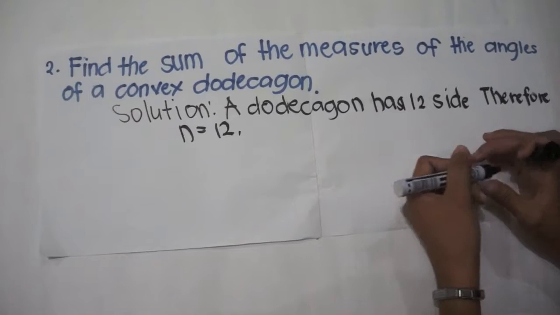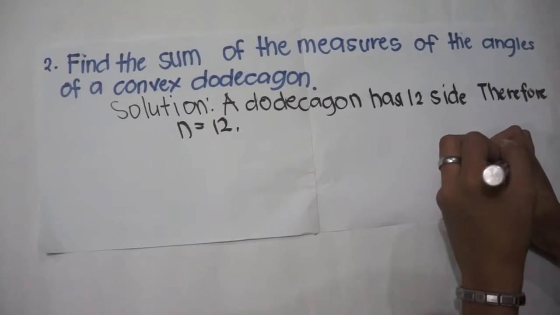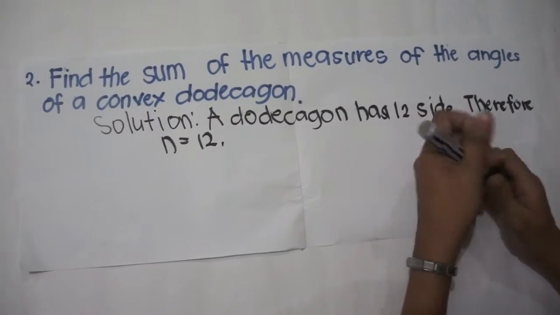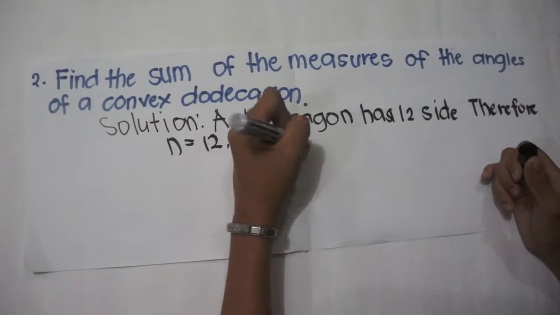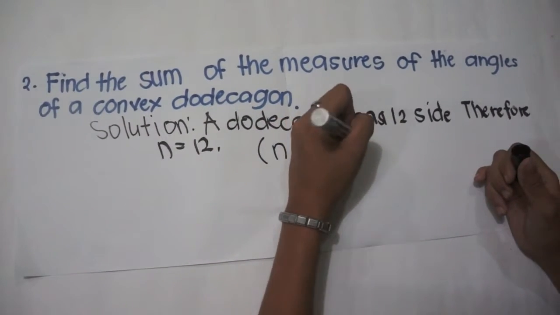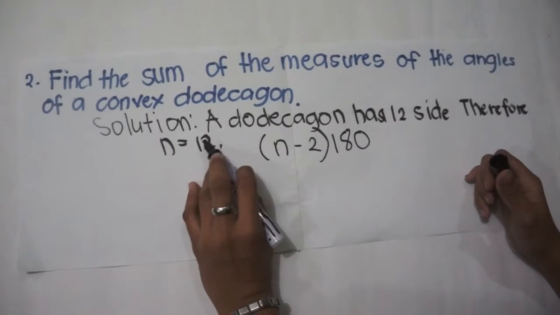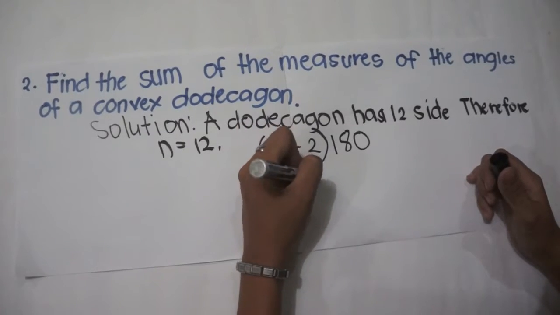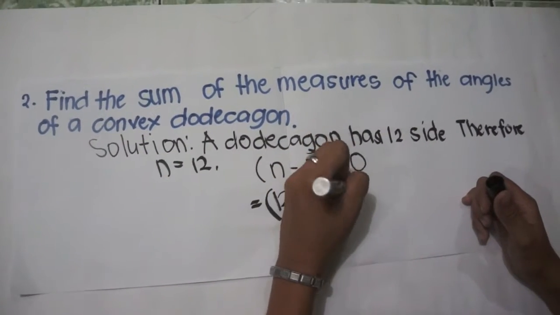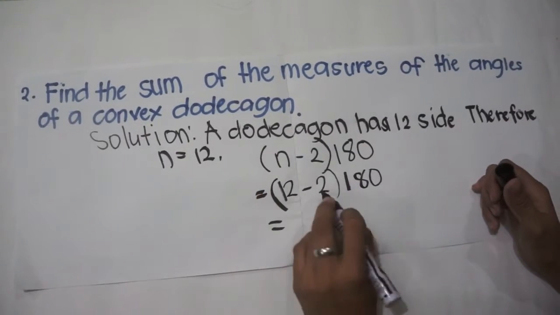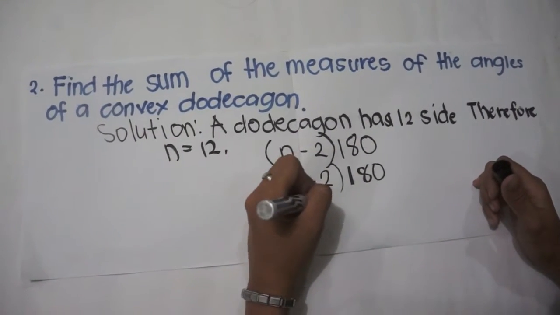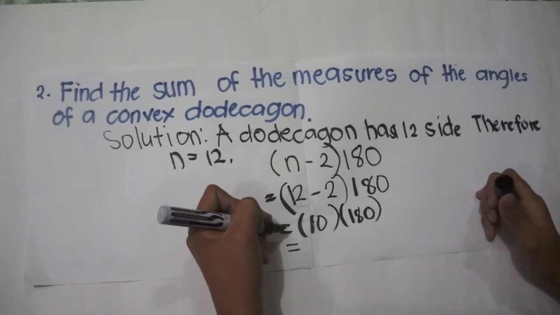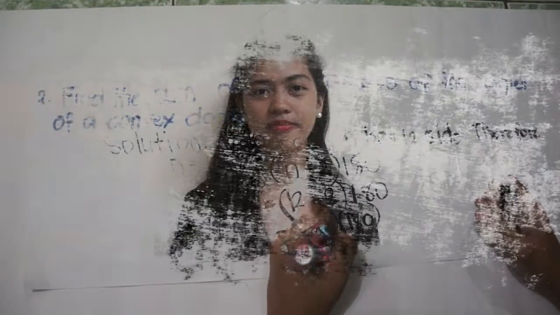In finding the sum of the measures of the angles of a convex dodecagon, we have the formula, the quantity n minus 2 times 180. Substitute n is equal to 12 into the formula. So we have 12 minus 2 times 180. 12 minus 2 is 10. So 10 times 180 is equal to 1,800.